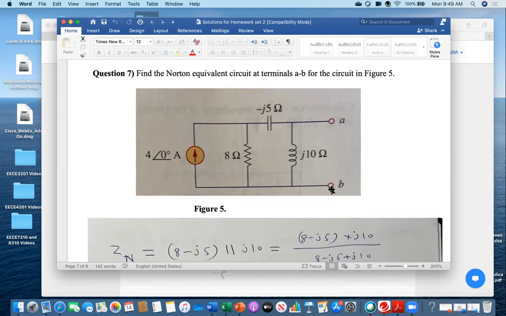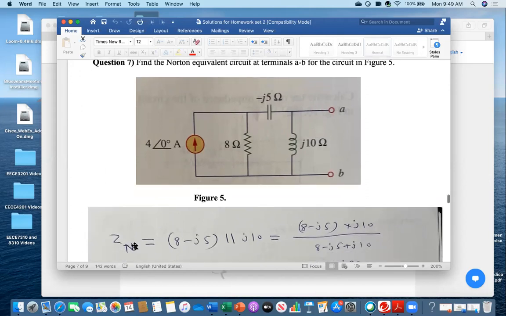If you make a short this line, how much current will flow through there due to this source, and you have to find out the Norton equivalent impedance looking from this side. And if it is current source, that will be open. If it is voltage source, that will be short. That is the meaning. And then everything is already given in phasor domain, so you don't need to do anything with the impedances.